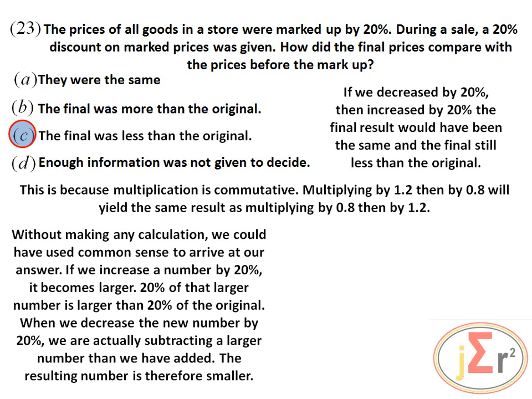So 20% of a larger number is larger than 20% of a smaller number. The original was increased, therefore the new number is larger, and 20% of that larger number is greater than 20% of the original. Right.